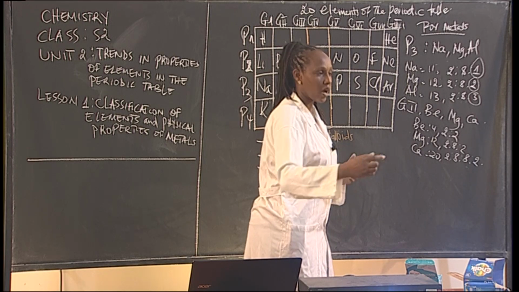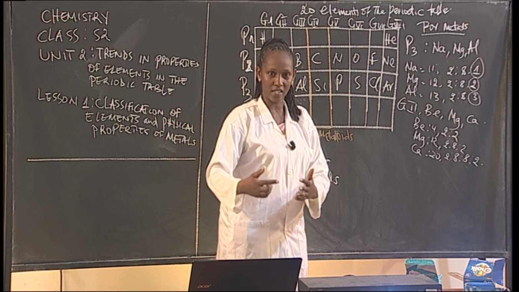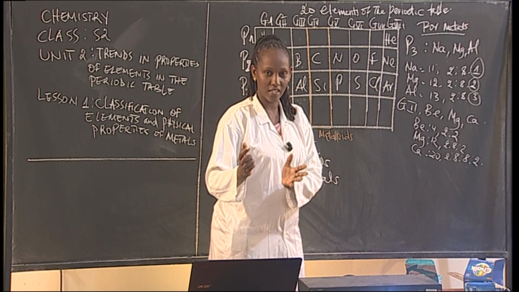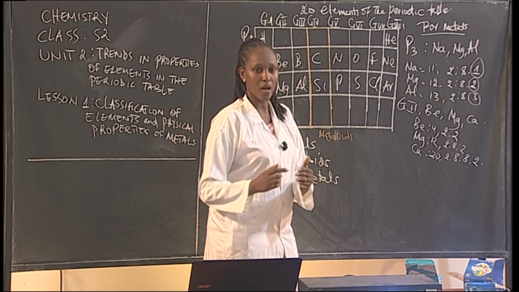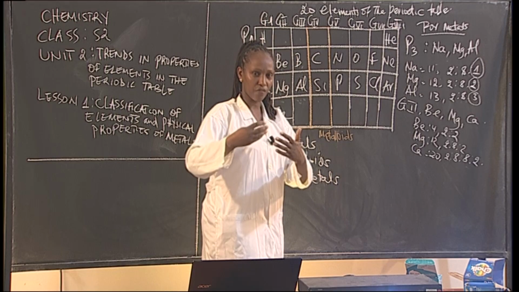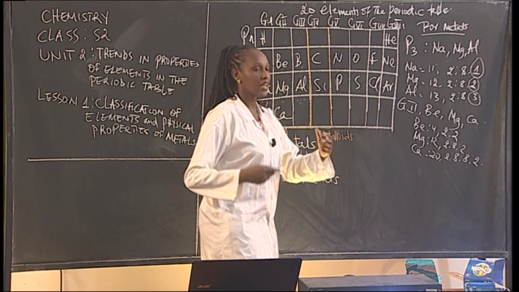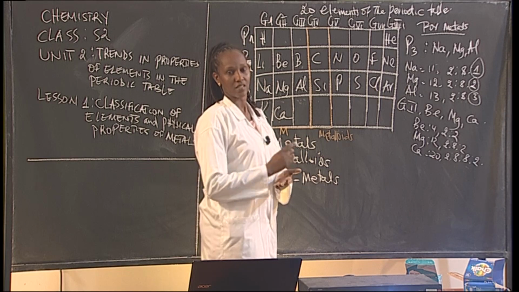All right? So as the number of shells increases, atomic radius increases, the attraction force from the nucleus reduces. What does it mean? It means that as the attraction force decreases, the capacity to lose electrons also increases.